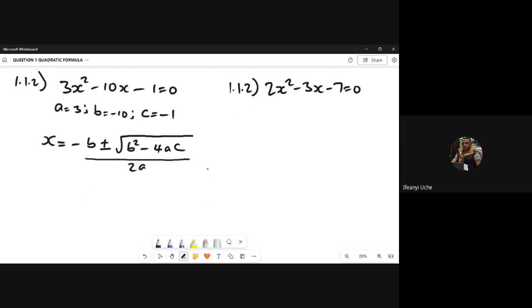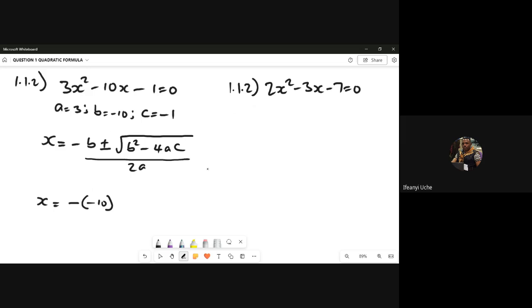So we have x here to be equal to negative. Remember, that b is negative 10. So it has to be negative 10 this way, not writing negative 10 only. If you write negative 10 only, then you're going to lose out.